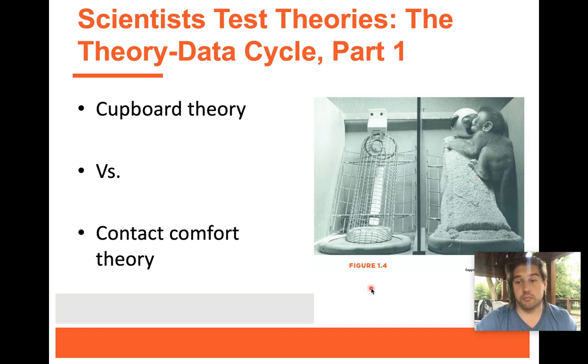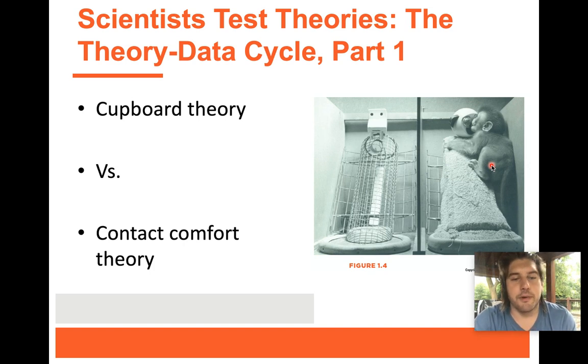And so Harlow basically just would turn infant rhesus macaques loose and measure how much time they spent interacting with each surrogate mother. And so we can see that this is a very clear opportunity to test these two competing theories, because you simply have to measure the amount of time spent with the cupboard mother versus spent with the comfort mother. And there you go. You have your answer about which theory wins.